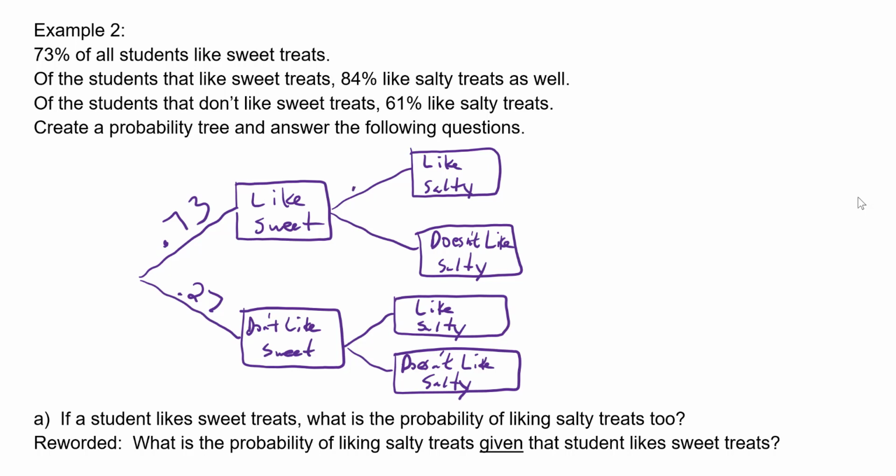So 84% like salty, that means 1 minus that, so it's 0.16 don't like salty. Okay, of the students that don't like sweet treats, I'm in the bottom one, 61% like salty treats. And that means 1 minus that, which is 0.39.